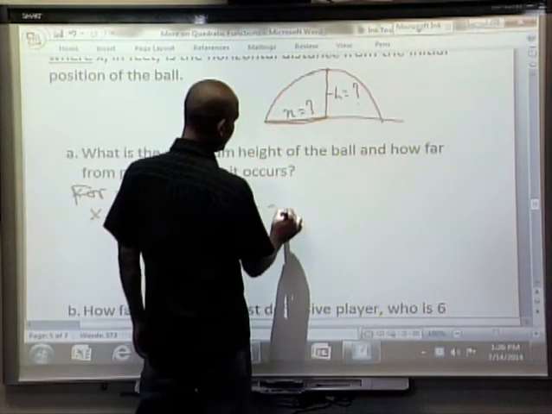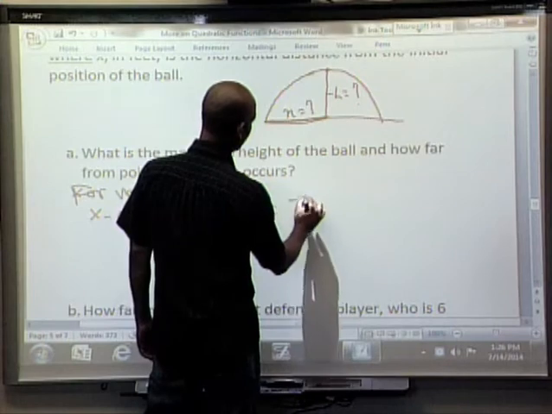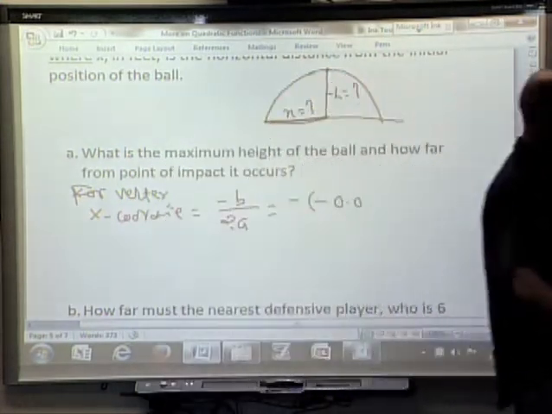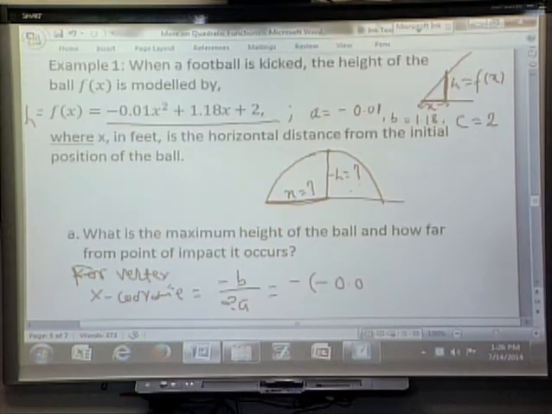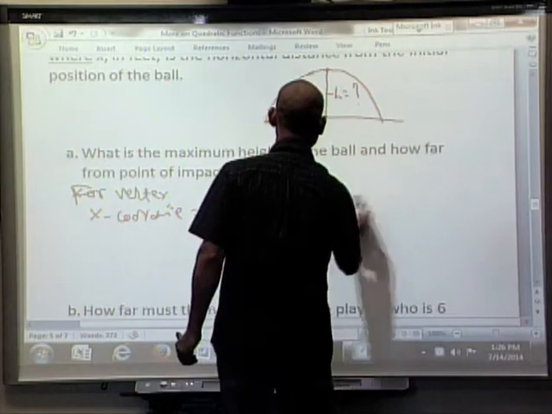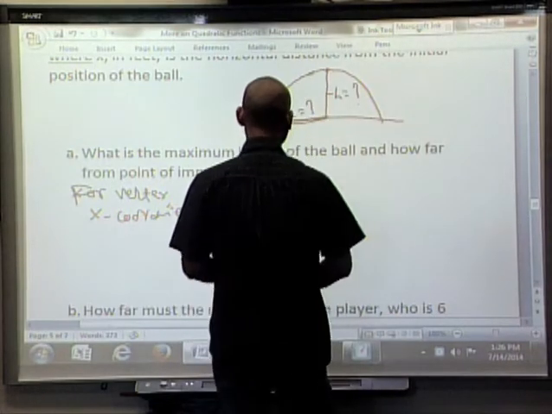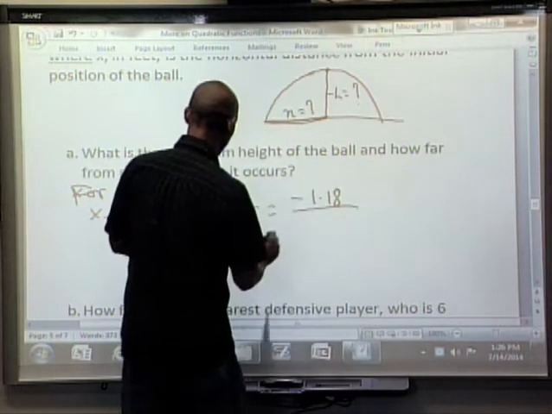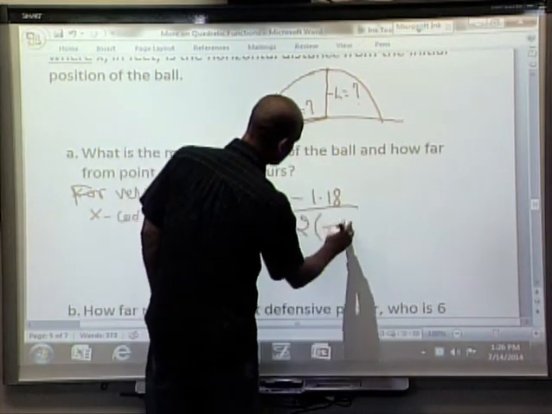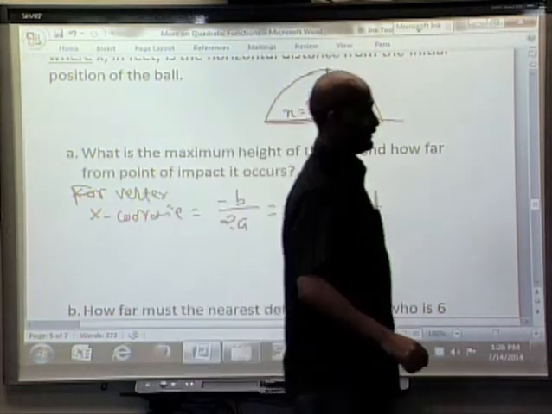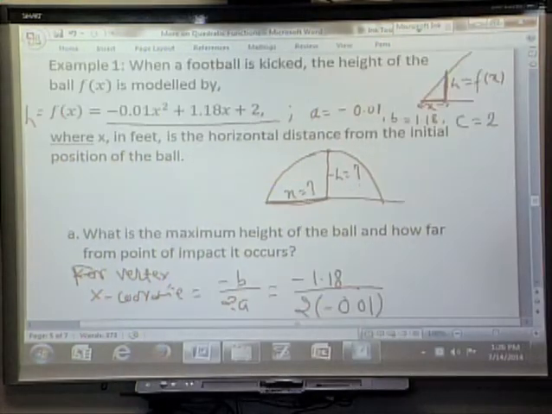So, negative b for this question is what? How much is b? I will have to go back. b is 1.18. So, negative of 1.18 divided by 2 times a, and a is negative 0.01.